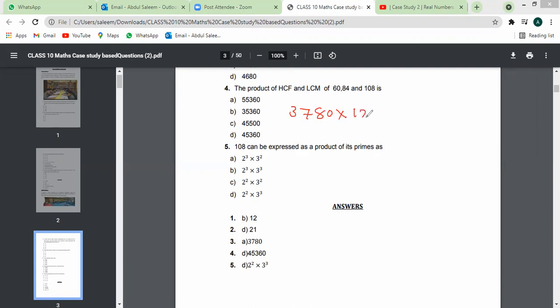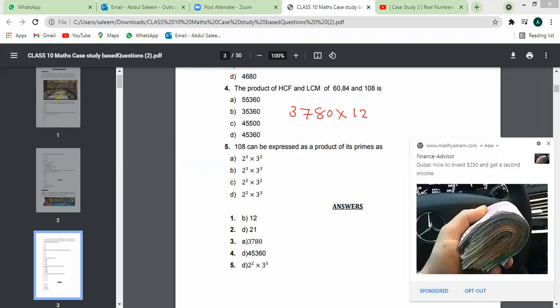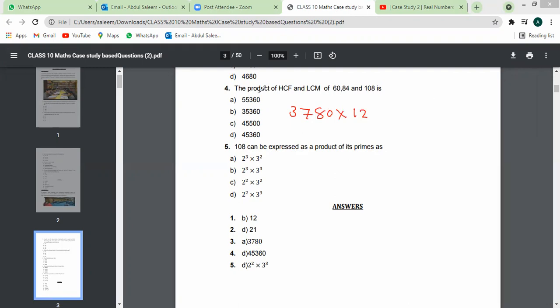Product means multiplying, so the product of HCF and LCM of these numbers is 3780 into 12. We can change it as 10 plus 2.